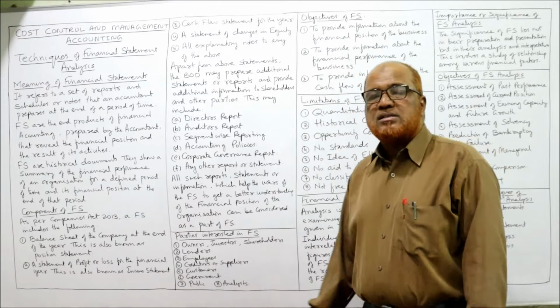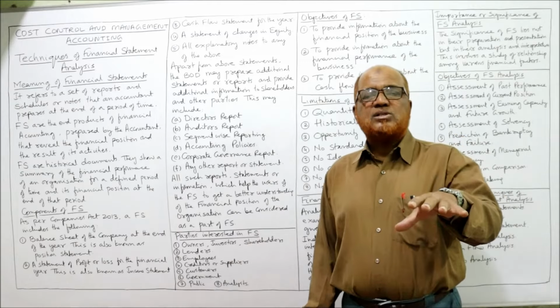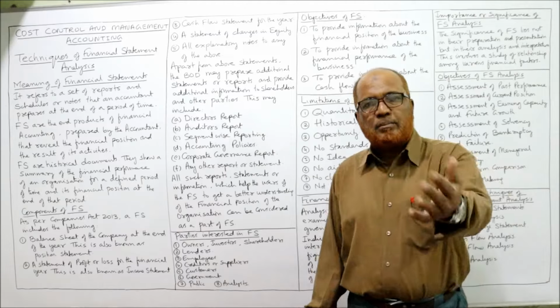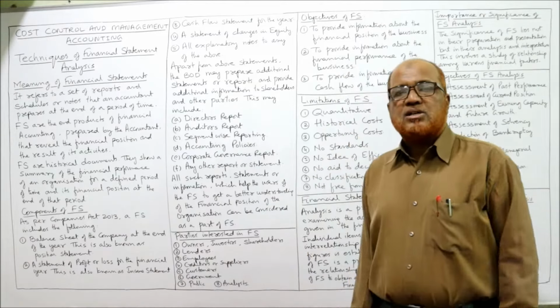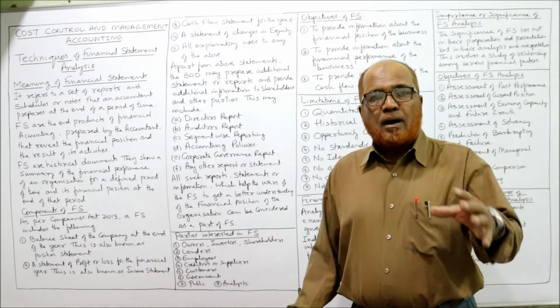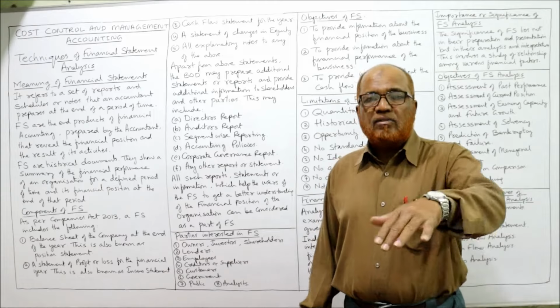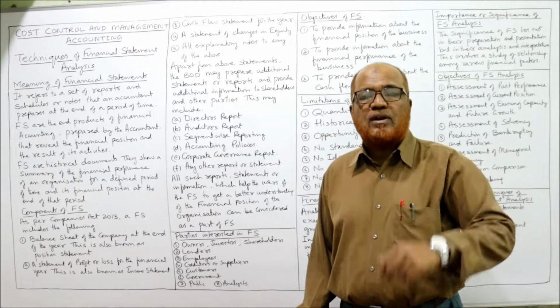First one, owners, investors, shareholders. The owners of the business want to know, example, sole trader. The sole trader wants to know whether my business is earning profit or incurring loss. Similarly, if the business organization is a company, it will have so many investors, shareholders. The investors and shareholders want to know what is the financial position of the company.